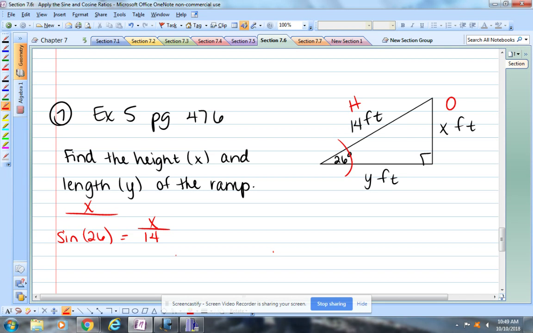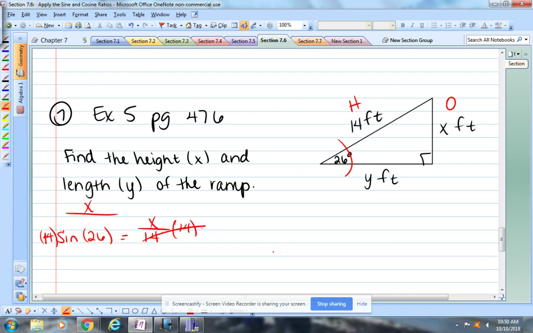Any questions about why we're using sine or why I have it set up like this? Again, they're not going to tell you which one you have to use, so you're going to have to look and see if you have opposite, adjacent, hypotenuse, or what. So how do I get X by itself? Multiply by 14 on both sides, and this is one that's simpler, because all you got to do is type in your calculator. It's 14 sine 26.